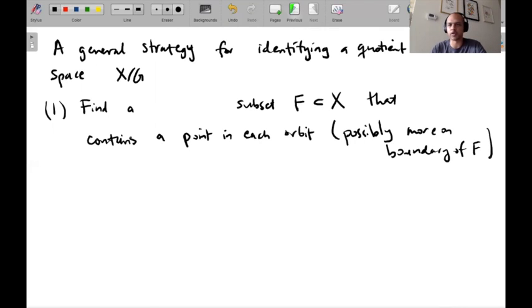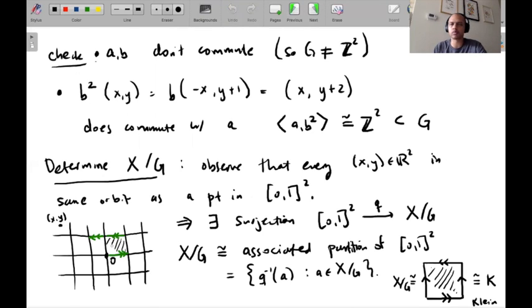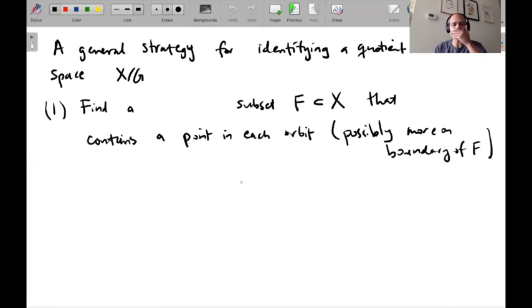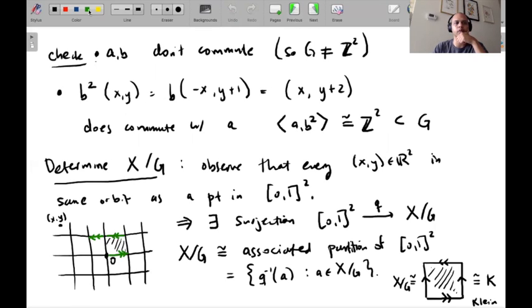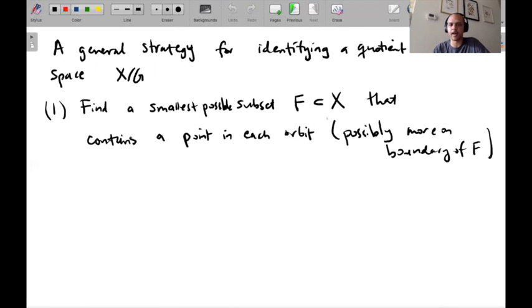In the previous argument, the unit cube, I was calling it a cube, but I mean the unit square, is serving this purpose. And F should be as small as possible. In this example, we observed that R2 is tiled by translates of this unit square under the action of G. So this is our set F in that example.